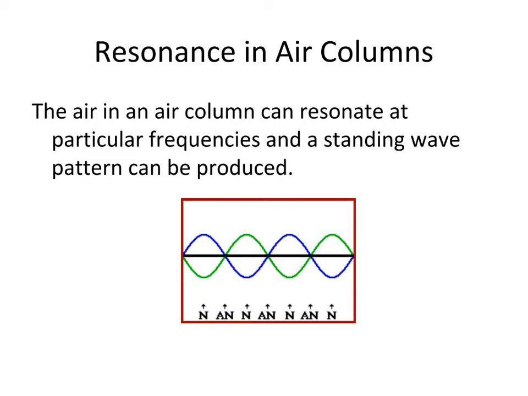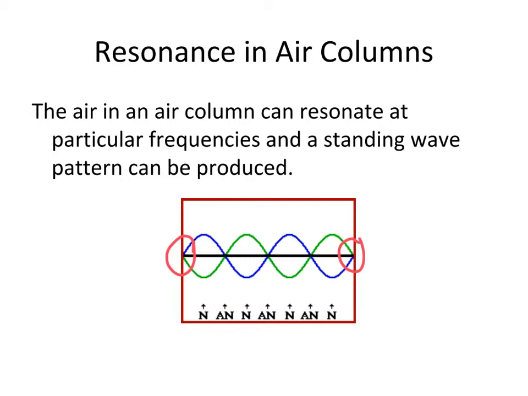So the air inside the air column will resonate at certain frequencies, and only those frequencies, and a standing wave is produced. Now the standing wave wouldn't look like this, because this looks more like a string. Strings are attached at both ends, so here we have ends that can't move.